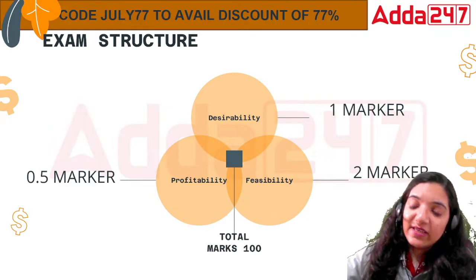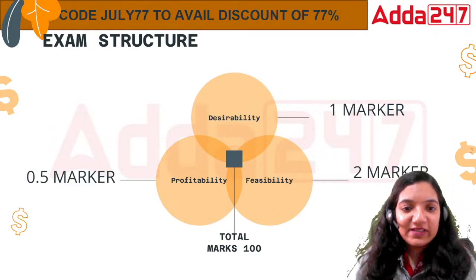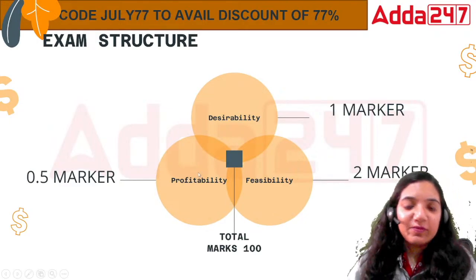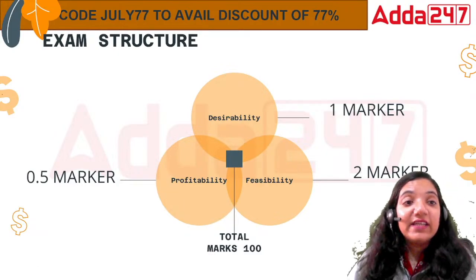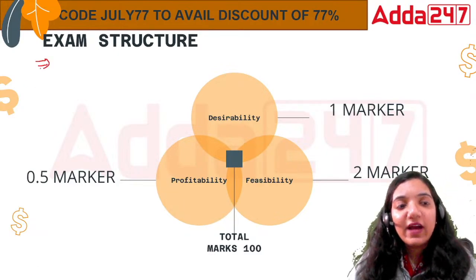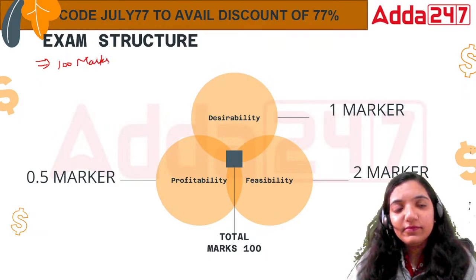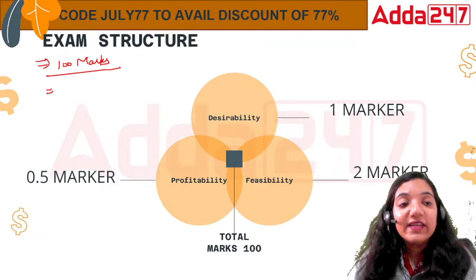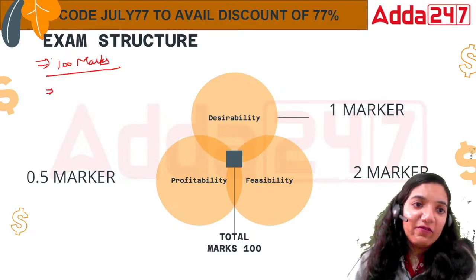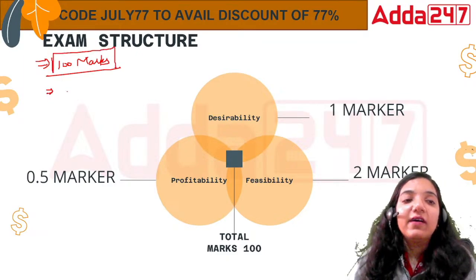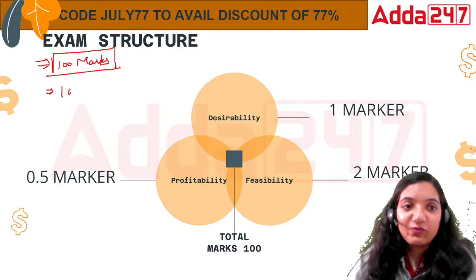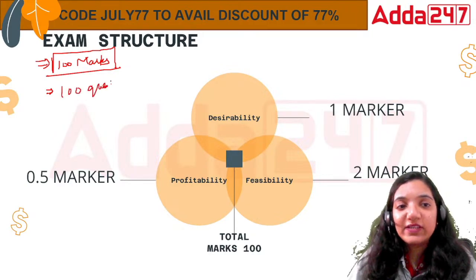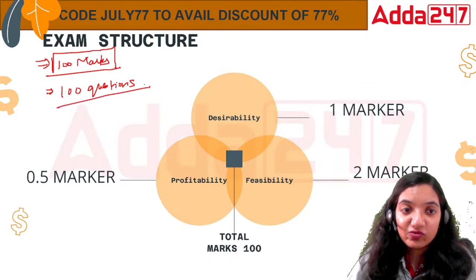Now the point is, what is expected there. As per the examination pattern, they stated that the examination would be of 100 marks. The number of questions, they initially said, was 100 questions, but this is not a hard and fast rule. Why?